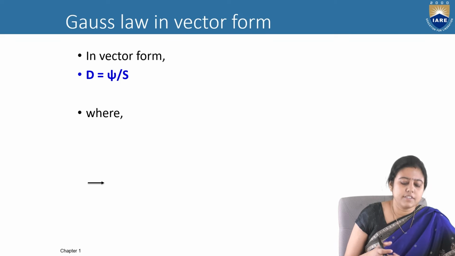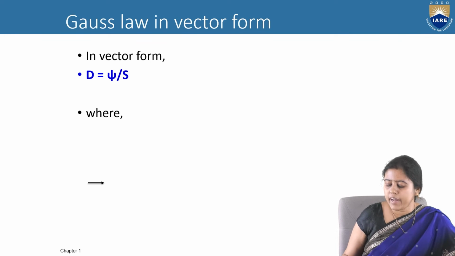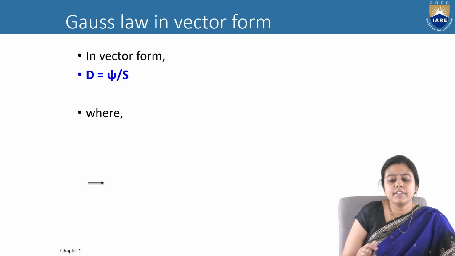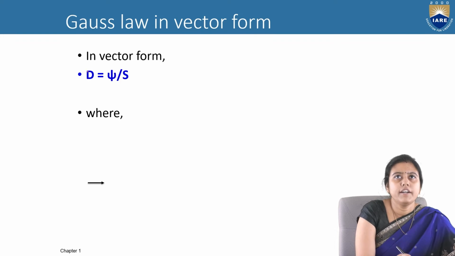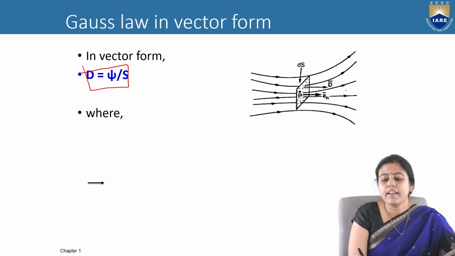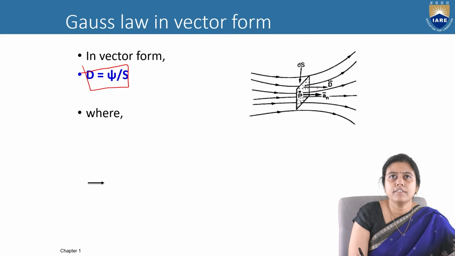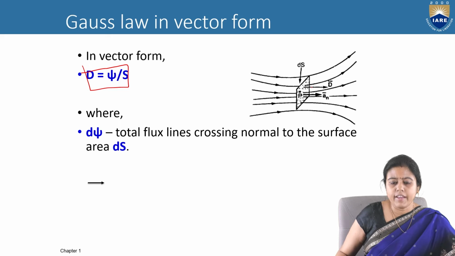Next we will discuss the Gauss law in vector form. As we discussed already, for the vector form the flux density D is equal to d psi by ds.